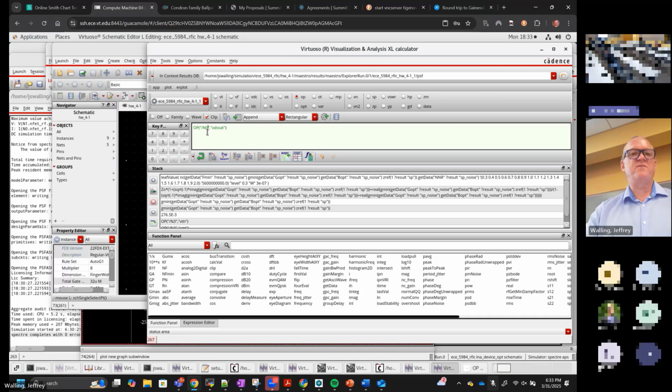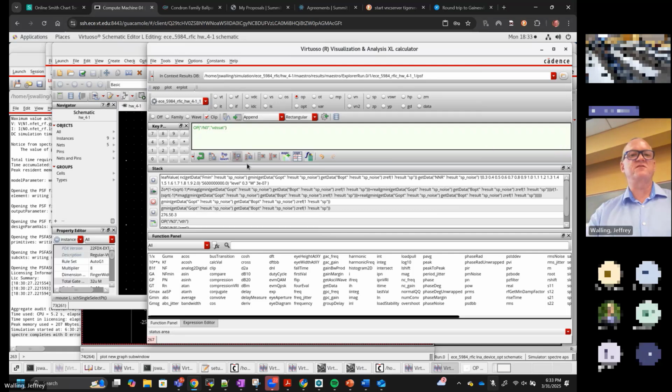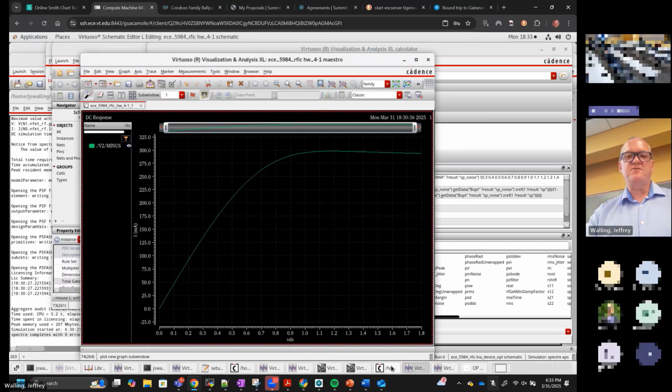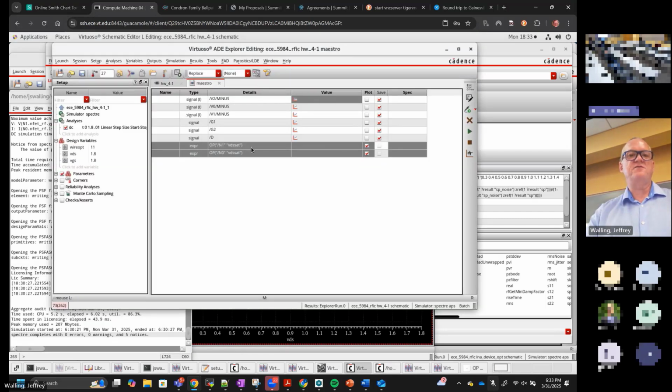I just changed the variable. One transistor was called N1, the other one was called N0. So I plotted N1 originally, but it stands to reason that N0 also has the same property. And so I can go now back into, where's my simulator? I added these two as outputs.